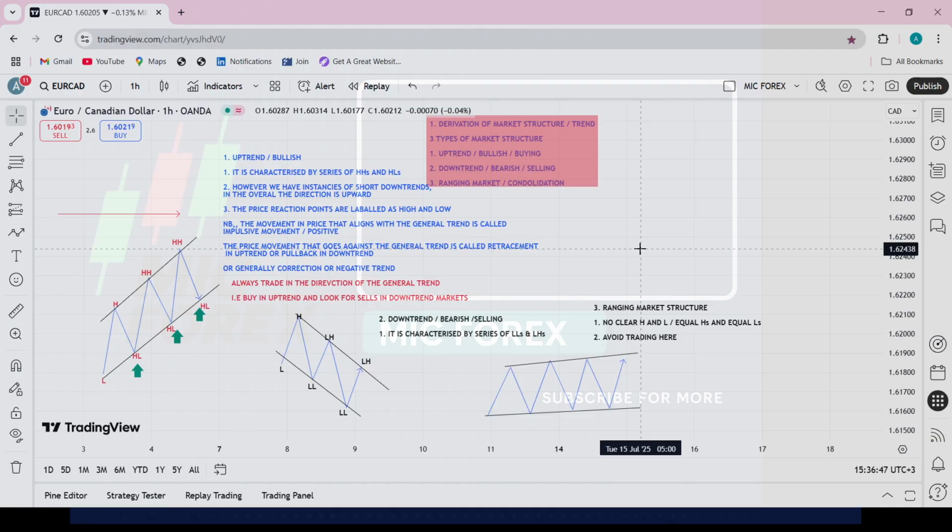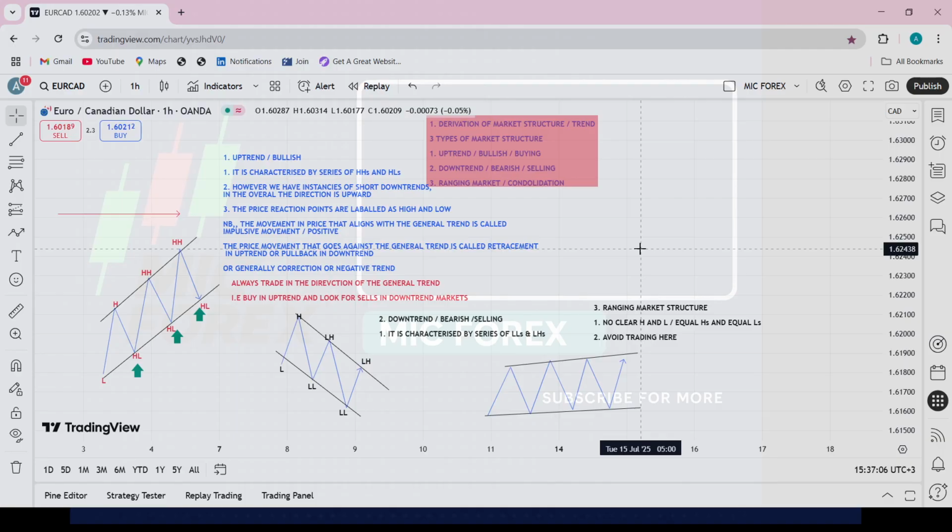We have three types of market structures: bearish market, uptrend market, that is a bullish one, and the ranging market. Of more concern is to understand how to take the trades, and that's where we are moving from the next video. So stay tuned, guys.